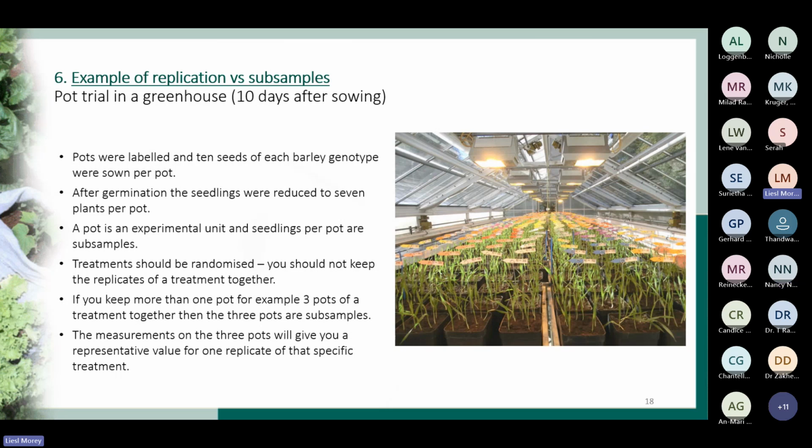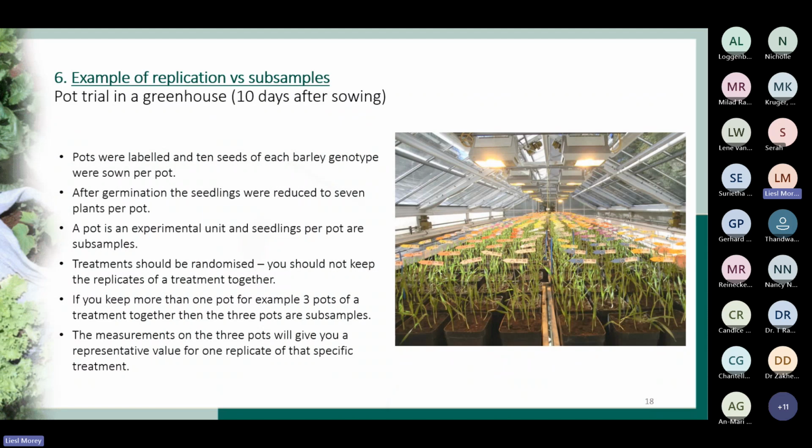Pots were labeled, and we have different barley genotypes sown in these pots. After germination, the seedlings were reduced to 7 plants per pot. Now, in this case, a pot is an experimental unit, and seedlings per pot are subsamples because they're not independent.